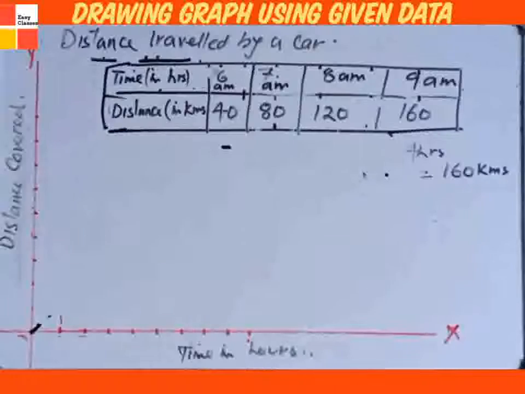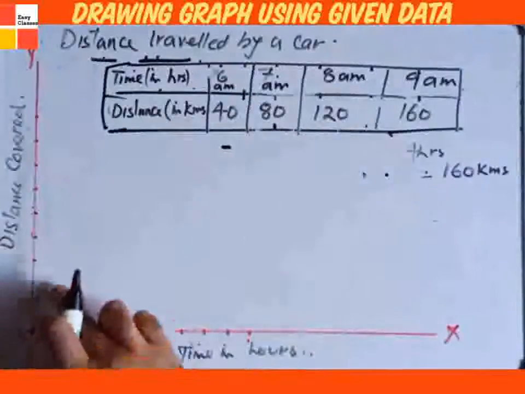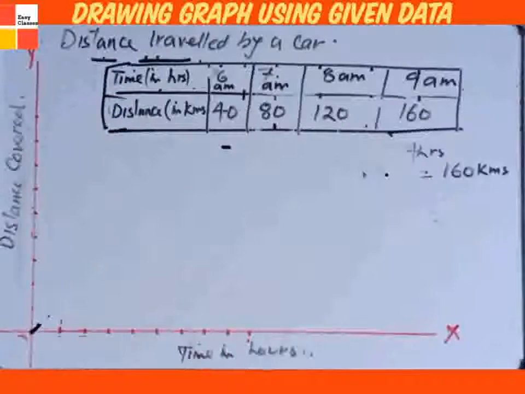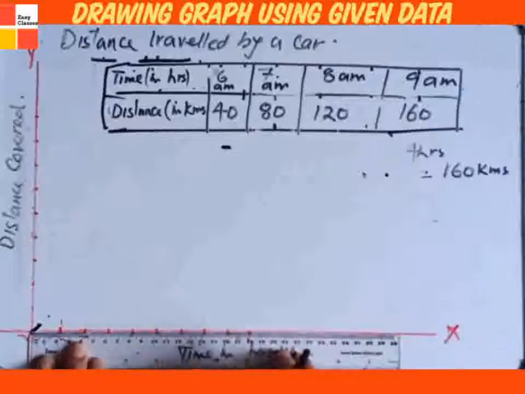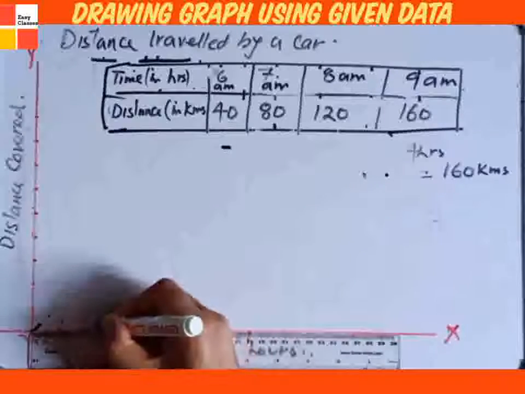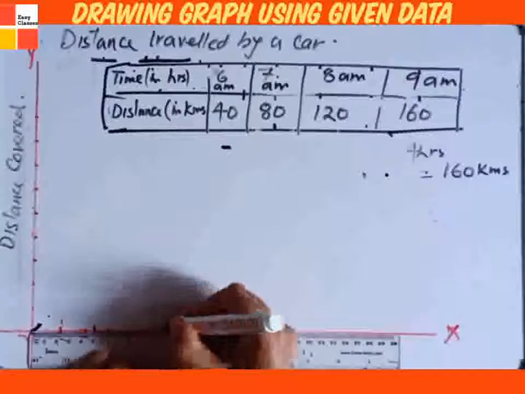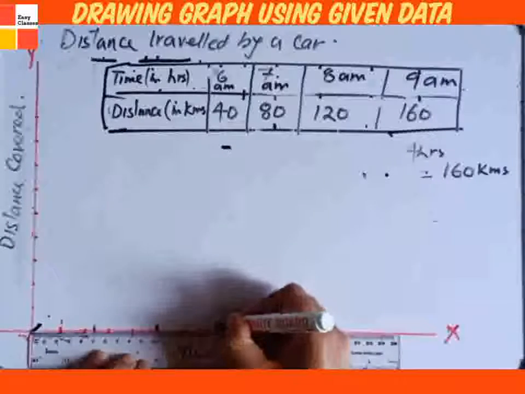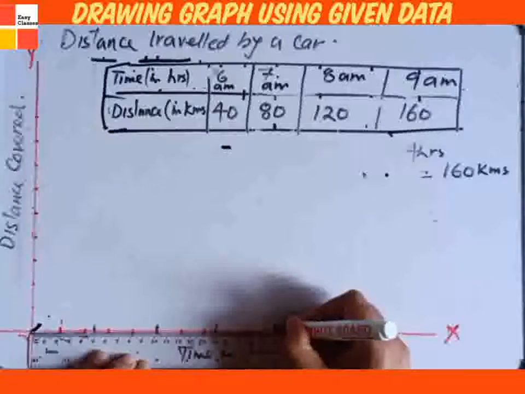On the x-axis, we will use the scale. We will divide it into equal parts. So, for example, at 5 centimeters, 6 a.m. At 10 centimeters, 7. At 15 centimeters, it is 8 a.m. At 20 centimeters, it will be 9.